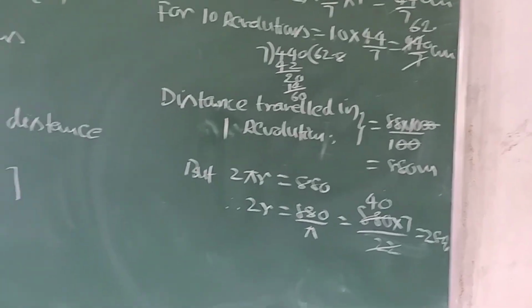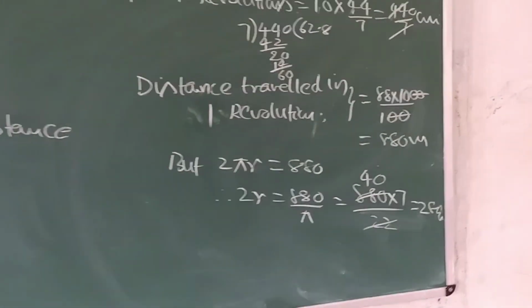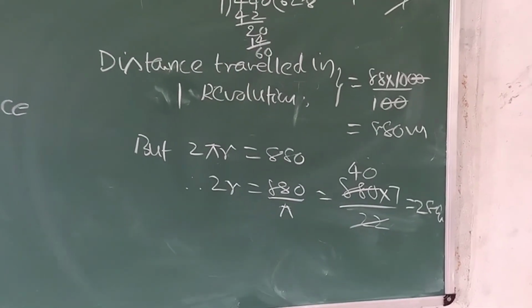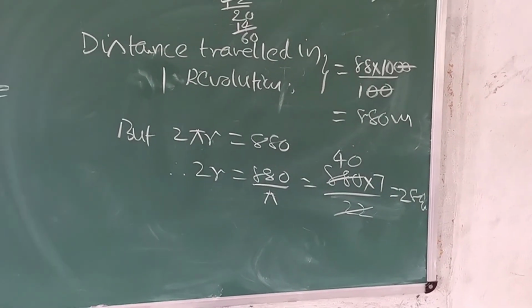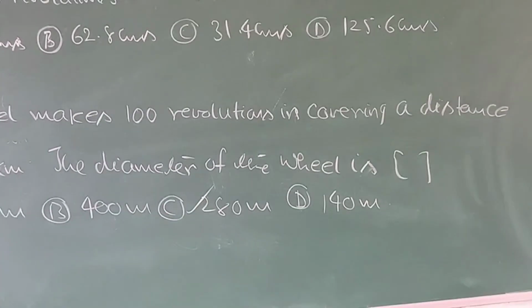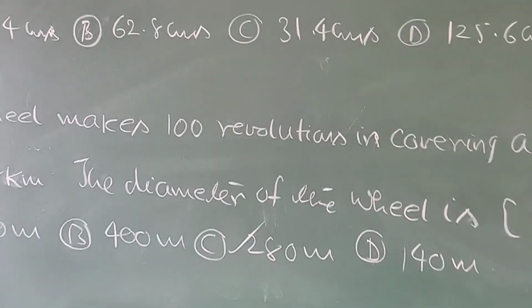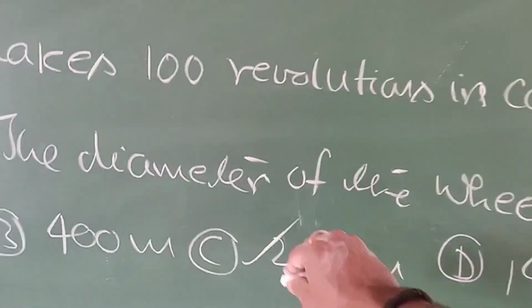Why are we multiplying with 1000? Because this is to be converted into meters. According to the problem, the perimeter 2 pi r is equal to 880. So 2r is equal to 880 by pi, which is 280. So the wheel makes 100 revolutions in a distance of 88 kilometers. The diameter of the wheel is 280 meters. Option is C.